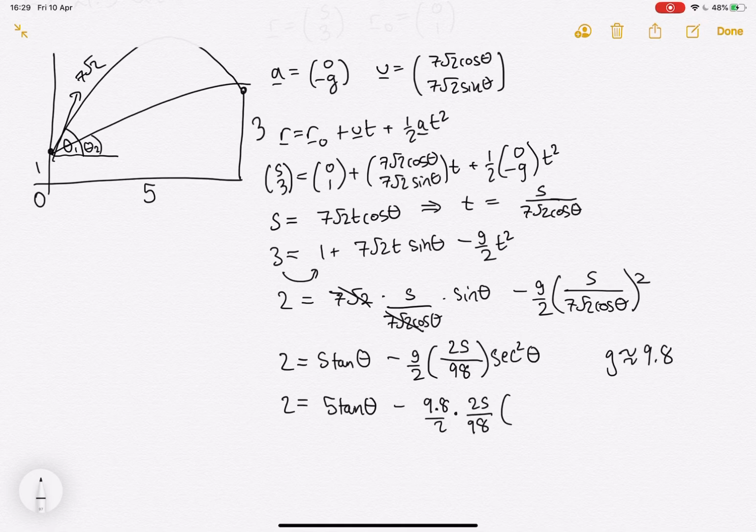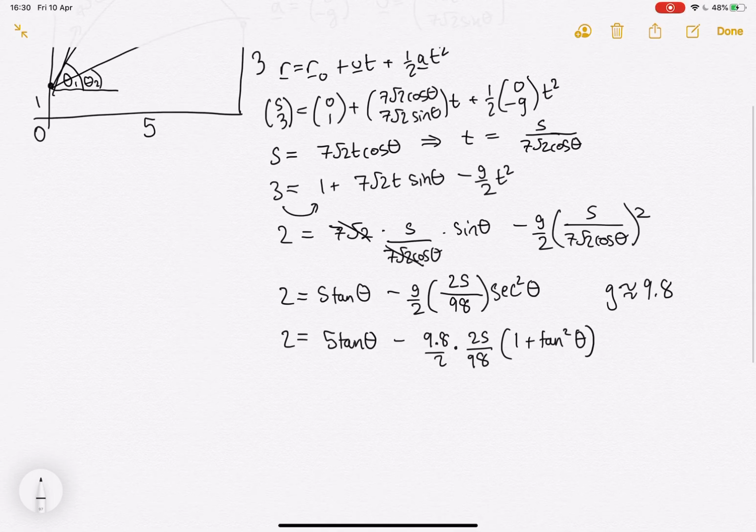And then we know sec squared theta is 1 plus tan squared theta. Well, notice that 9.8 divided by 98 is a tenth. So 2 equals 5 tan theta minus 25 over 2 times 10, times 1 plus tan squared theta.